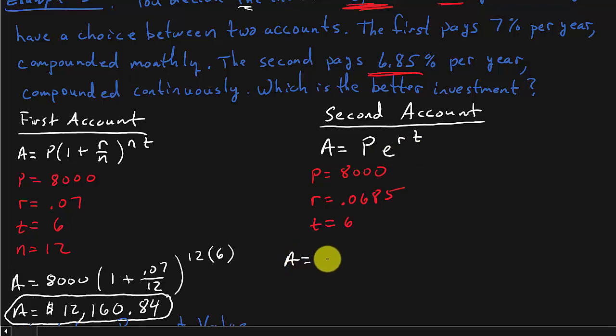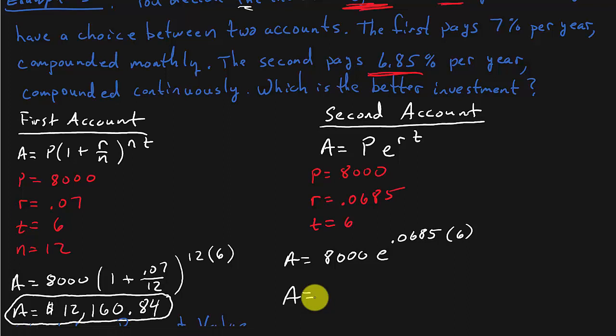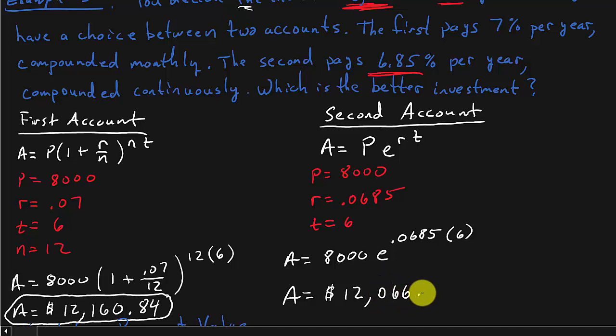So I get A is equal to P, which is 8,000, times E raised to the 0.0685 times 6. And then when we punch that into our calculator, we end up with $12,066.60.